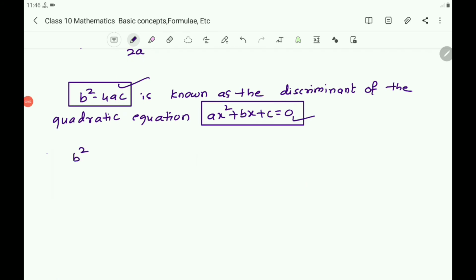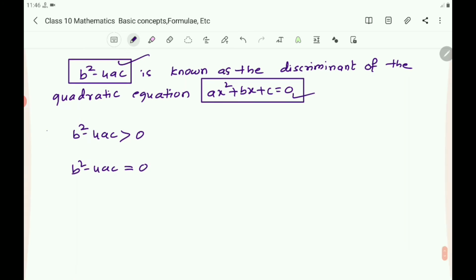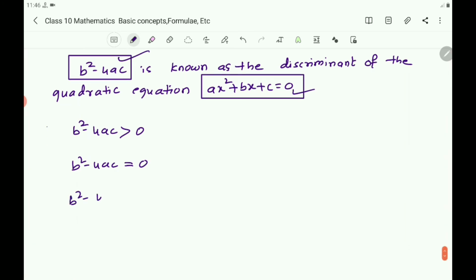The value of b square minus 4ac may be greater than 0, or equal to 0, or smaller than 0. Here greater than 0 means positive, and smaller than 0 means negative.